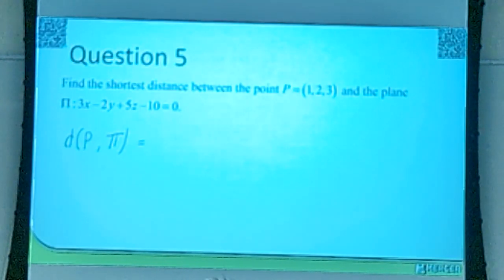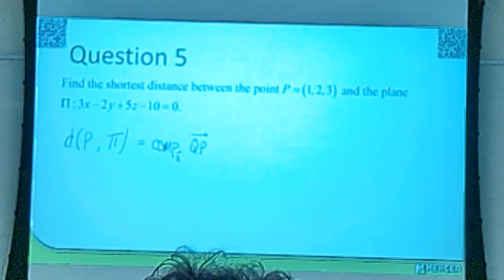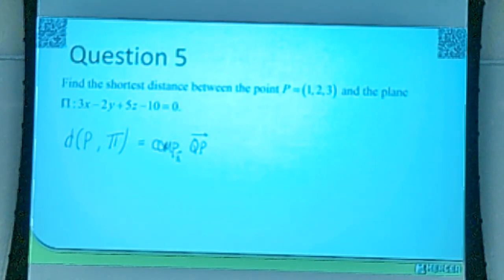Distance is the component of QP onto N, where Q is any point on the plane. Remember that is the magnitude of its projection. And we know the formula for projection.